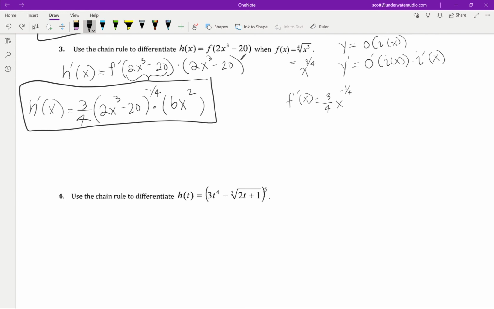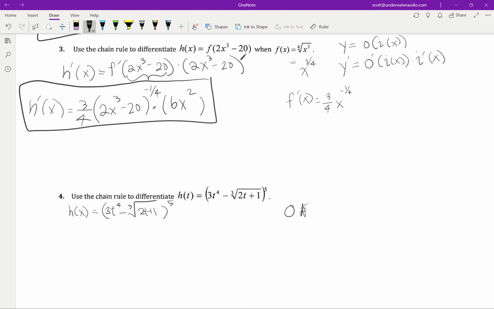So I'm looking at this and I see the two functions, h of t equals something to the 5th power, so that's one function, and then on the inside 3t to the 4th minus the cube root of 2t plus 1. So I think my outside function, oh, and I should write O of x.